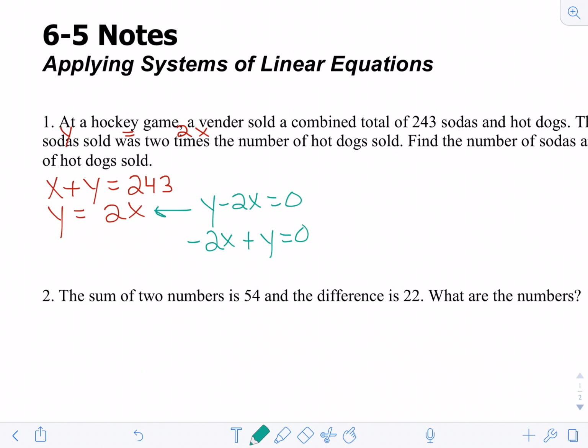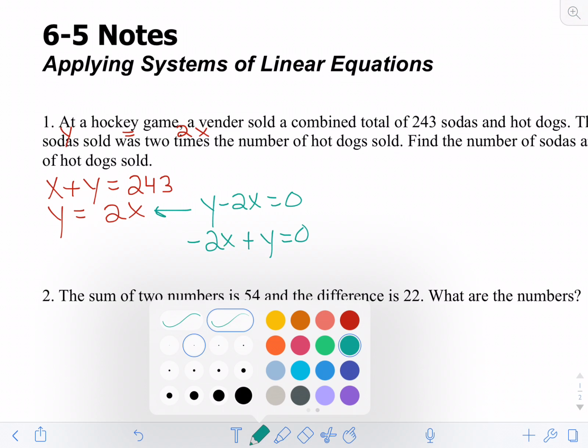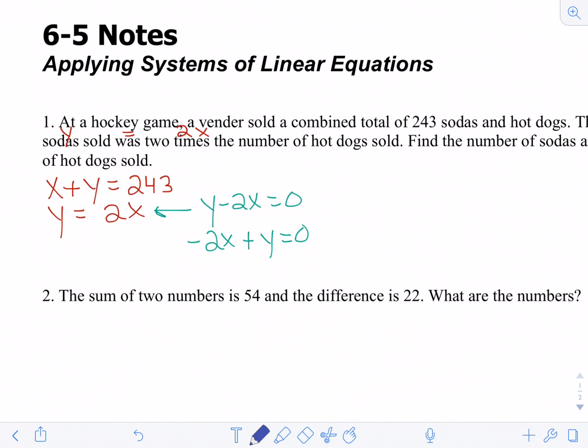So you have x, y, constant. So now I can go ahead and put this in my matrices. My constants for the first equation would be 1, 1, 243. My constants for the second one would be negative 2, 1, and 0. So you see how the x's are your first column, y's are your second, and your constants are your third.